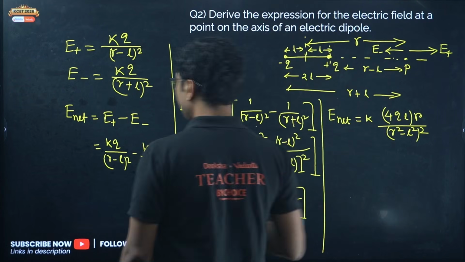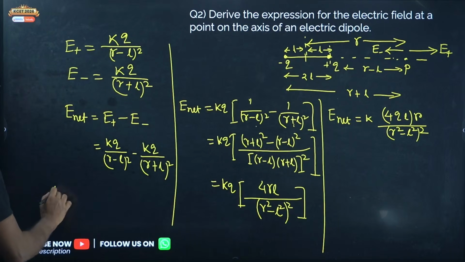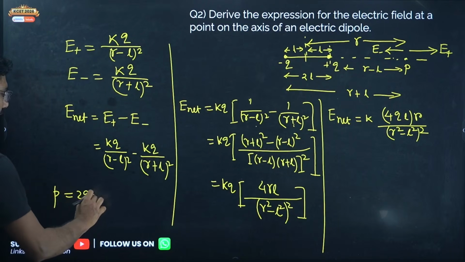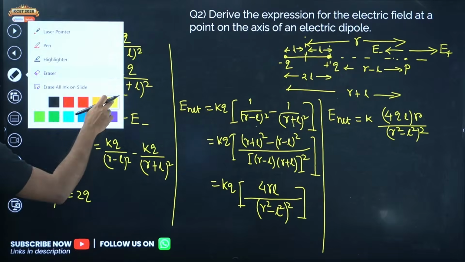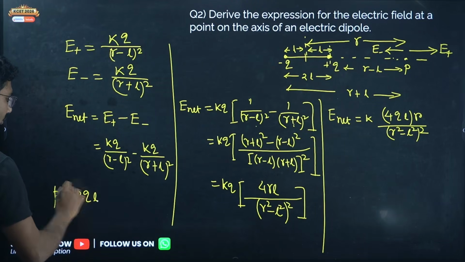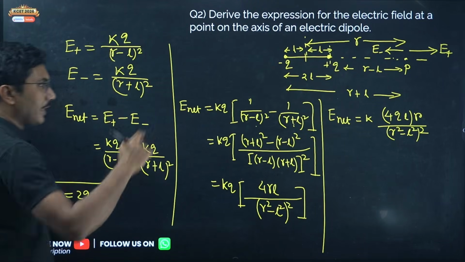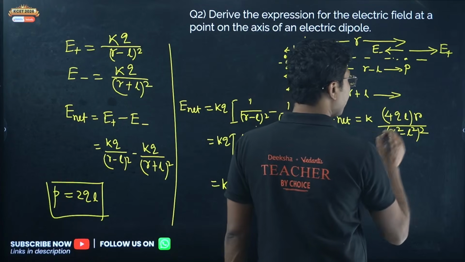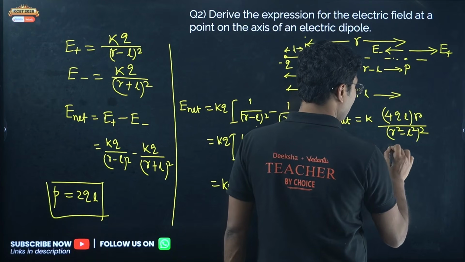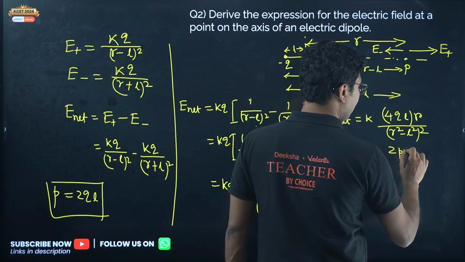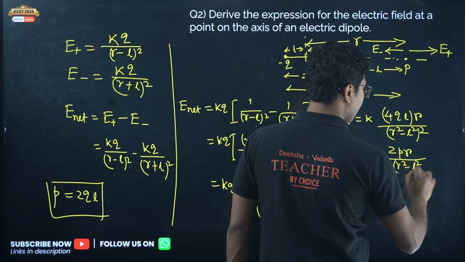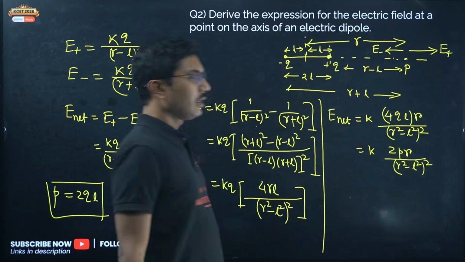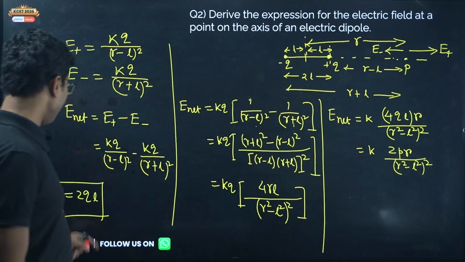Now we know that dipole moment of a dipole is given by 2Q into L, distance between the charges 2L into Q. So this is the dipole moment, so we will put that over here. Here we have 4QL, so that means it will be 2P into R divided by (R square minus L square) whole square. So P is this 2QL.